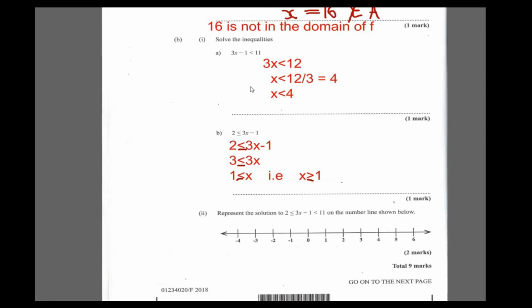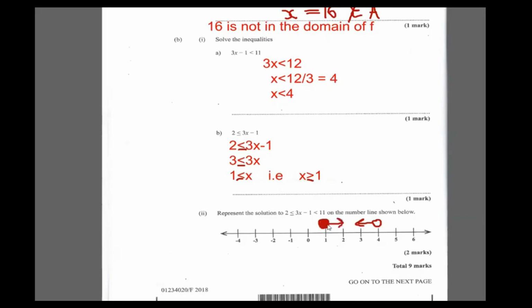The two key areas: x being less than 4, put a circle here and point your arrow this way. Then x is greater than or equal to 1, so you draw a circle at 1 and shade it, because it's the or equal to. Then draw your arrow this way.